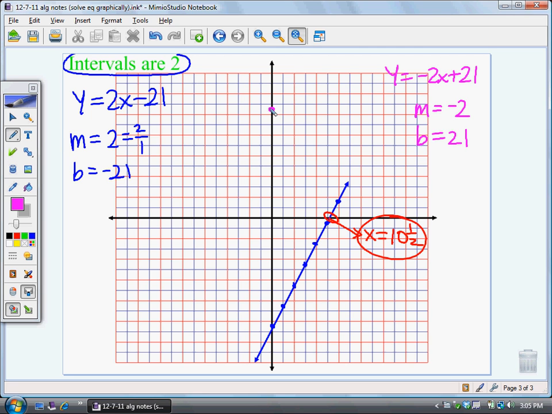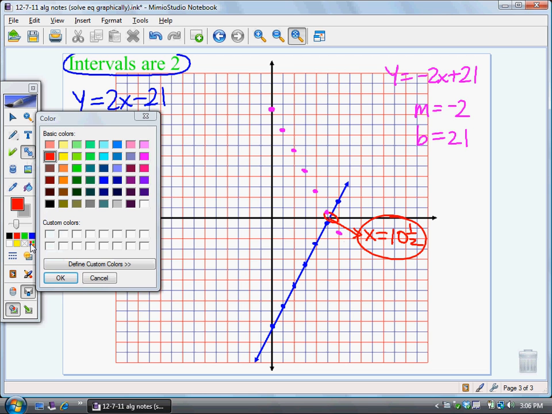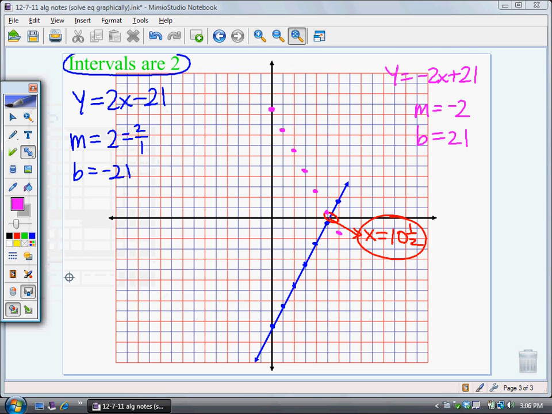And then our slope is negative 2, so I'm going to go down 4 and right 2, down 4, right 2. And so now we draw our line here.